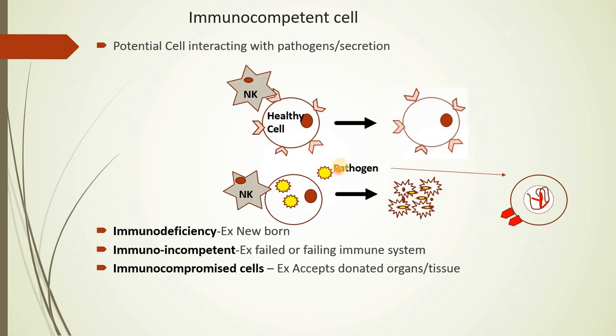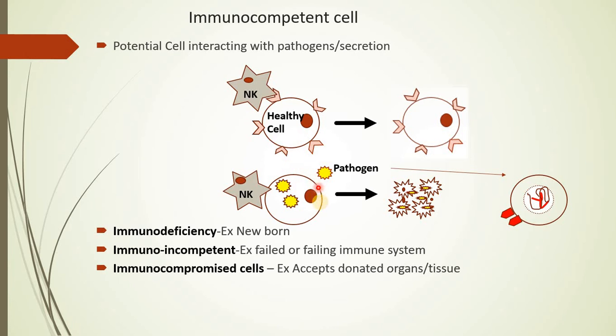Suppose there is a pathogen which has made its entry into the vicinity of the healthy cell. Obviously, this pathogen by its tactics makes its entry within the healthy cell. Once the pathogen enters into the healthy cell, what distinction can you make between the healthy cell and the infected cell?